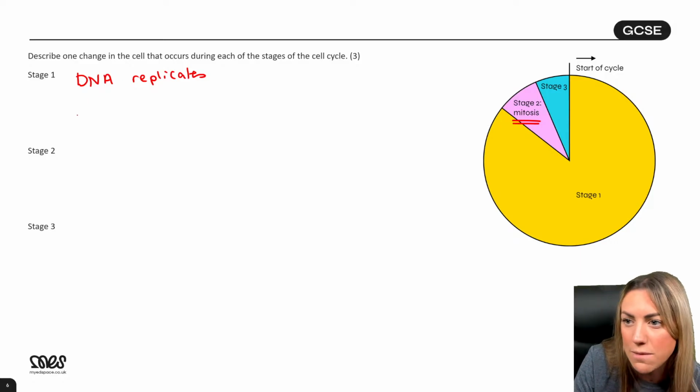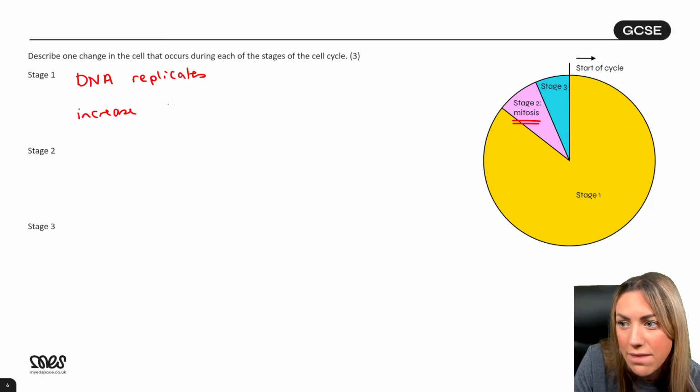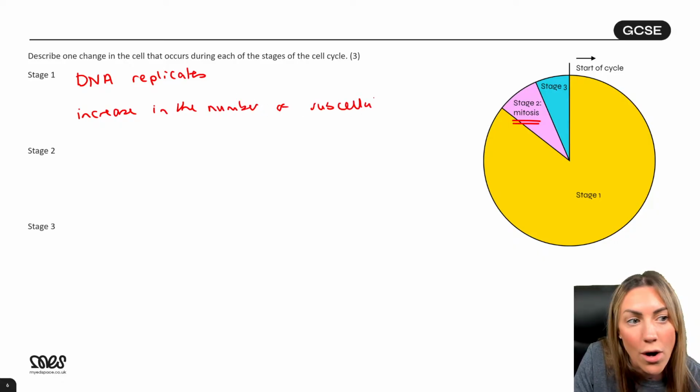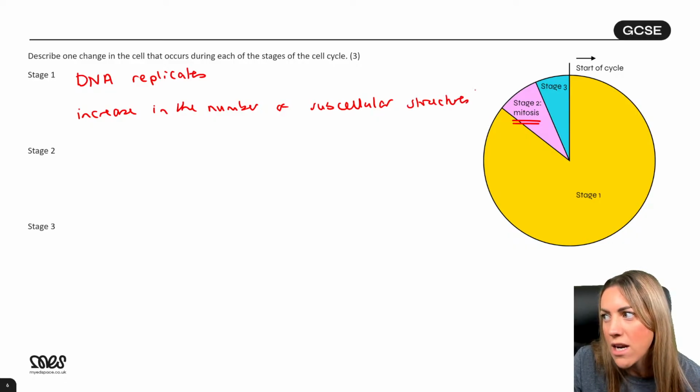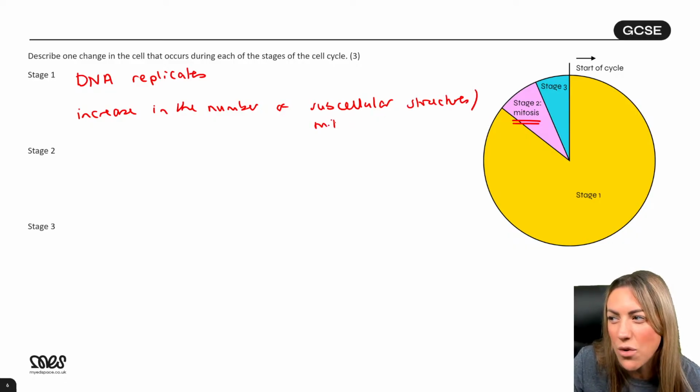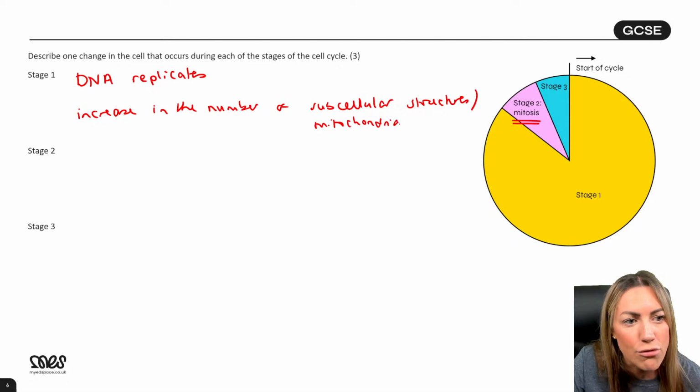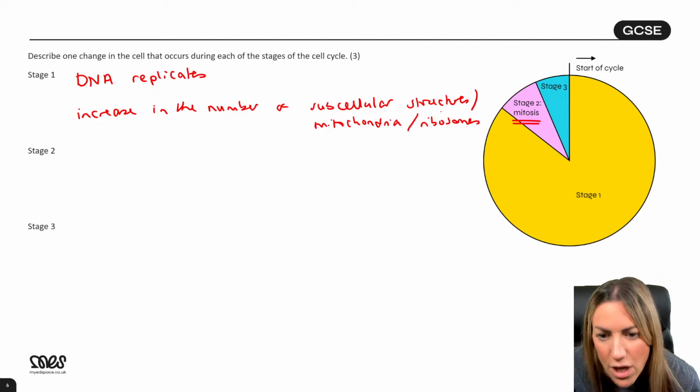Increase in the number of subcellular structures. You could have said that. I'm very impressed so far. We only needed one, but I'm just giving you options here. So increase in the number of subcellular structures, or you could have even named some, right? Increase in the number of mitochondria, increase in the number of ribosomes.